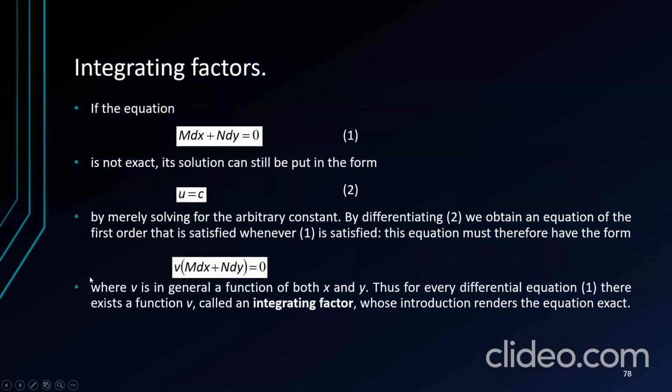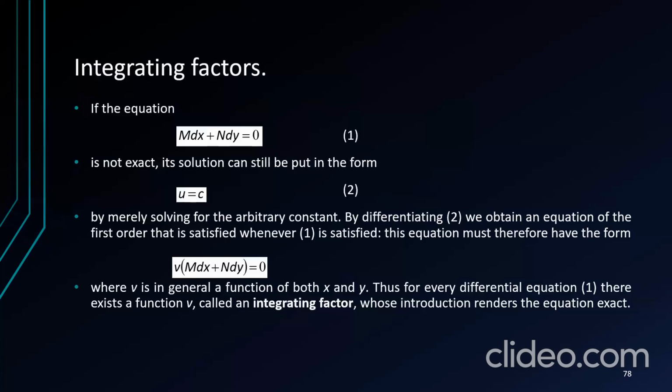Integrating factors. If the equation M dx plus N dy is equal to 0, equation 1, is not exact, the solution can still be put in the form u is equal to c by merely solving for the arbitrary constant. By differentiating 2, we obtain an equation of first order that is satisfied whenever 1 is satisfied.